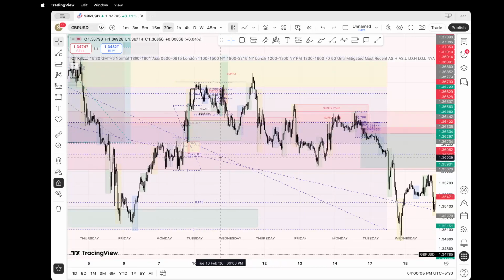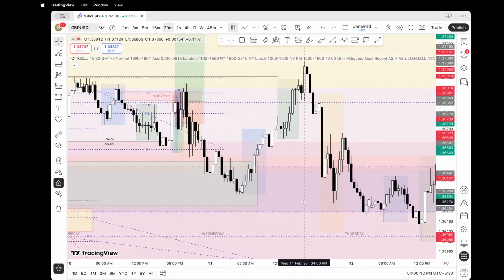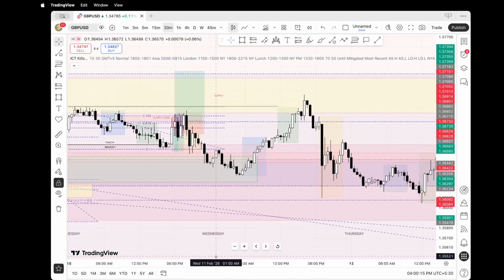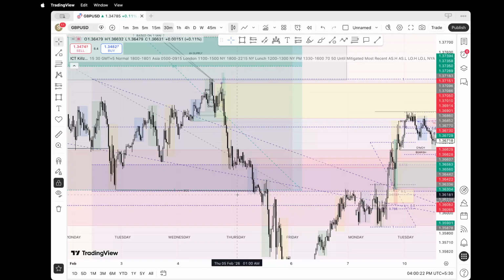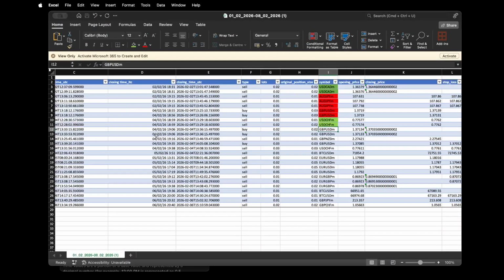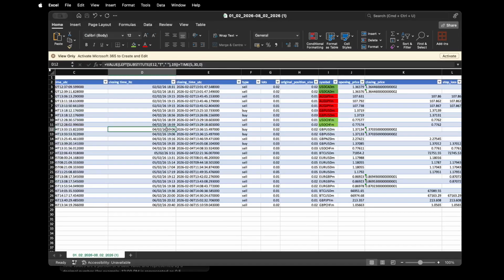Hell no. GBP USD 7. No, no, no, not this one. This one. GBP USD, 4th of February, 18:06, 706.